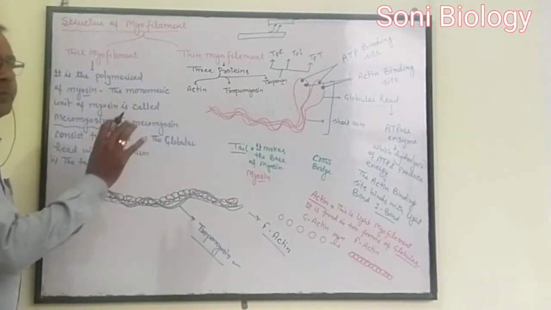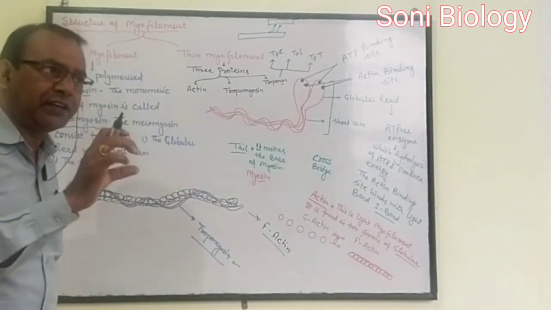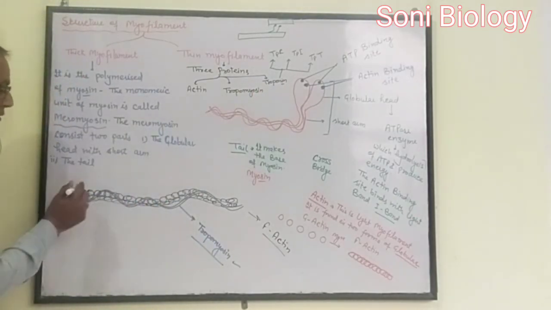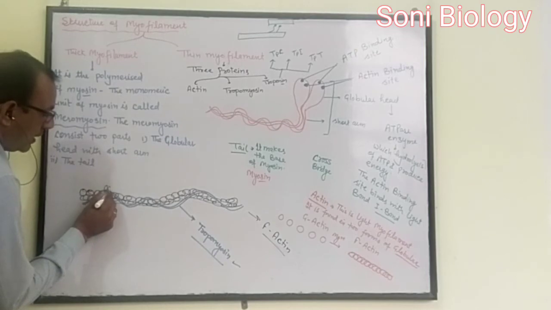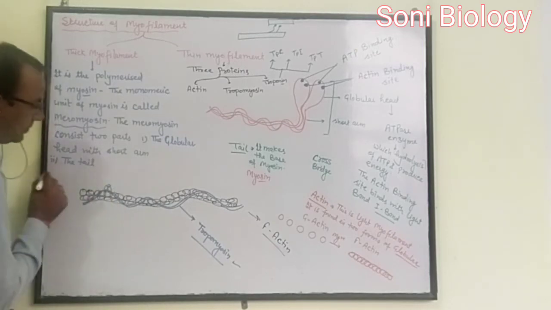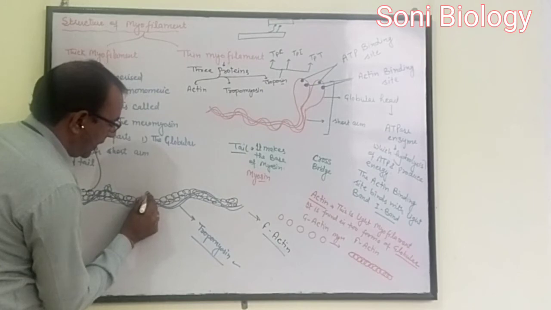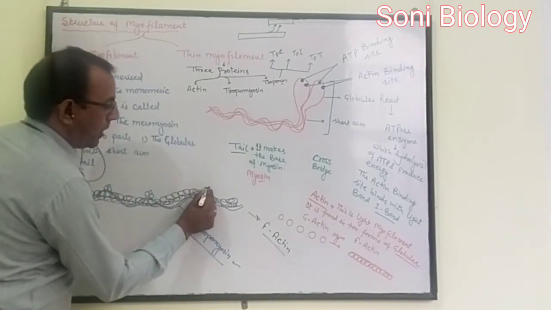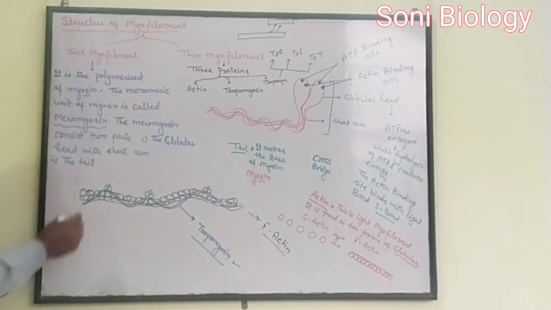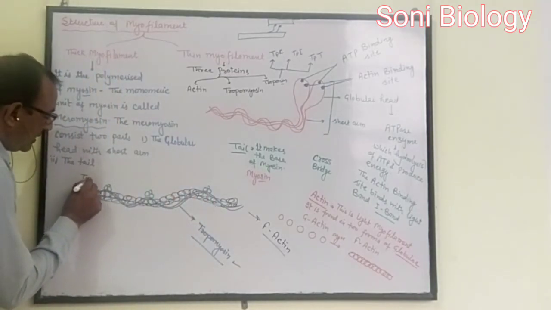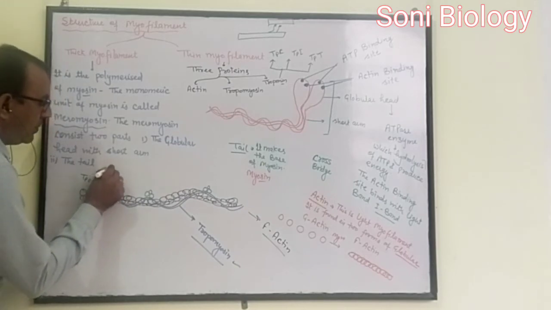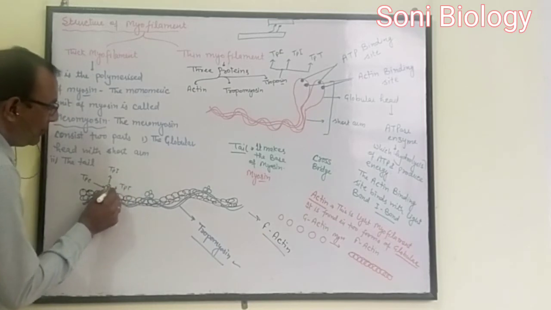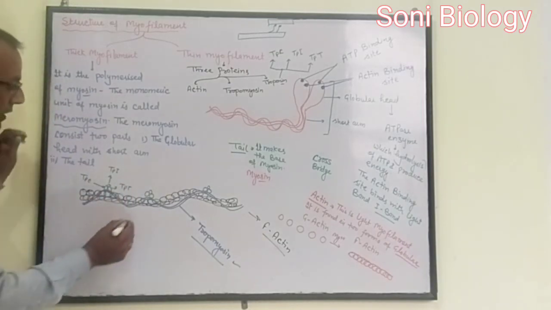There are three globular forms of troponin present at regular intervals on the tropomyosin, like this. What are TPC, TPI, and TPT?